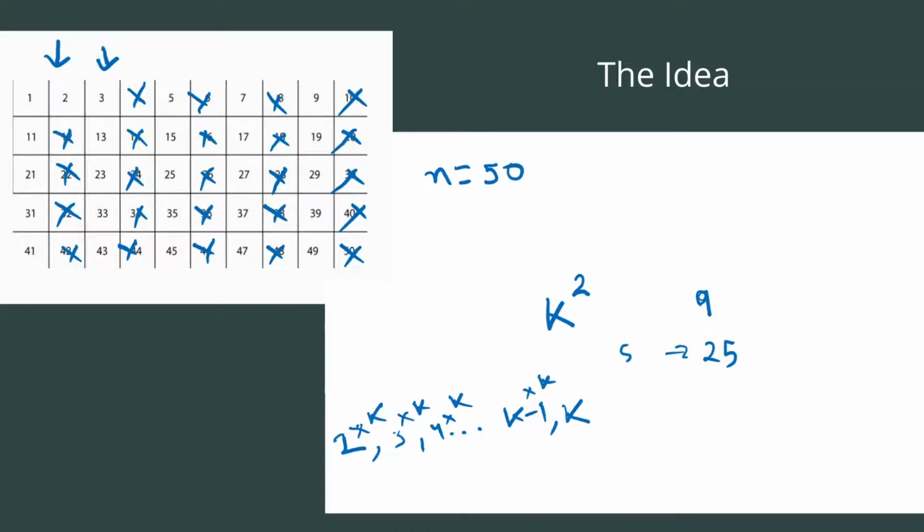Now we have to take into consideration k into k, k into k plus 1 and so on up to n. So we have to start from k square. As you see, for 3 we need to start eliminating from 9 and then eliminate all the multiples of 3 that have not yet been eliminated.